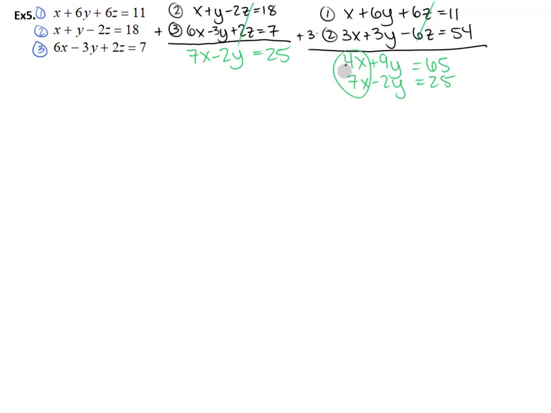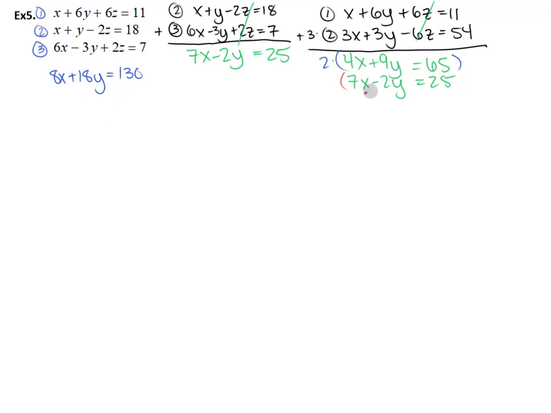So my x's will either meet at 28 or my y's will meet at 18. Let's make the y's meet at 18. Seems like probably a better choice here. So we need to multiply this new equation by 2. So that would give me 8x plus 18y equals 130.